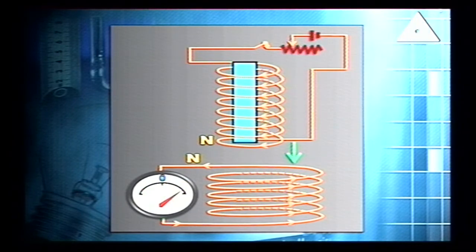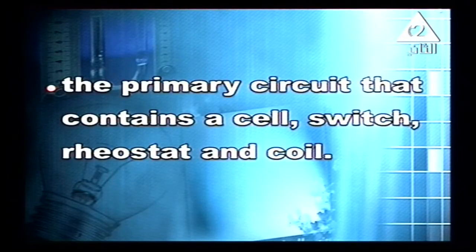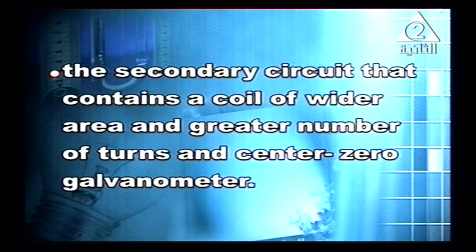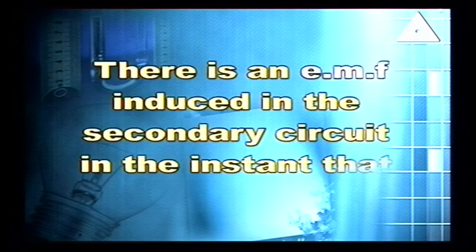One of them is to move the primary coil, the energized one, into the secondary coil. The primary circuit, as I said, consists of a cell, a switch, rheostat, and coil. The secondary circuit consists of a coil of wider area and greater number of turns, connected to a center zero galvanometer.